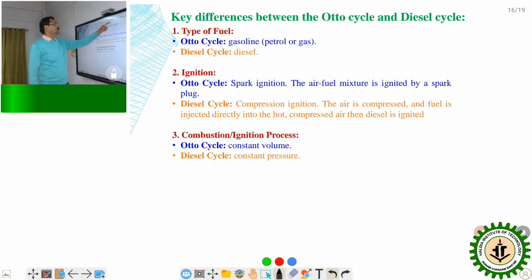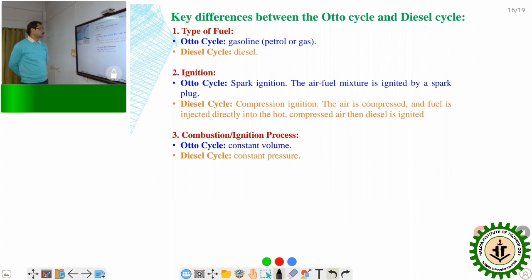Now the key difference between the Otto cycle and the diesel cycle. First, the type of fuel. In the Otto cycle, gasoline, that is petrol or gas, is used. In the diesel cycle, diesel is used.